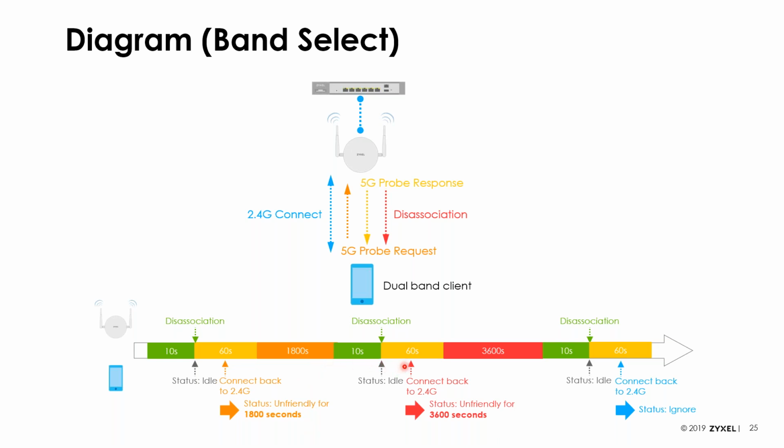And if the client once again connects back to 2.4 instead of 5 gigahertz, which we are trying to steer it to, it is marked unfriendly for an hour. And then the process starts over again. So the third time, if the client still is unable to move to 5 gigahertz, we will ignore it. After that, the client will remain on 2.4 gigahertz. So this is the standard band steering, band select process, which does not require any supported standards from the client itself.